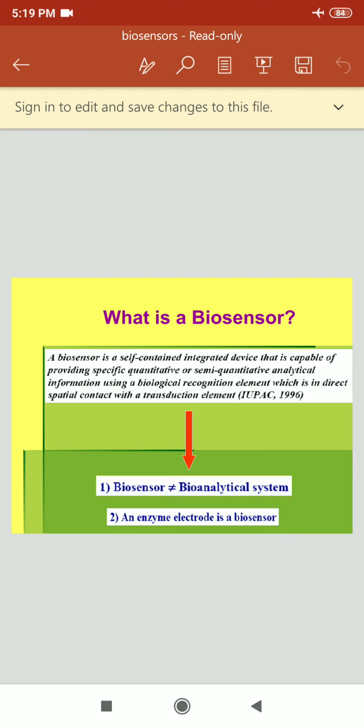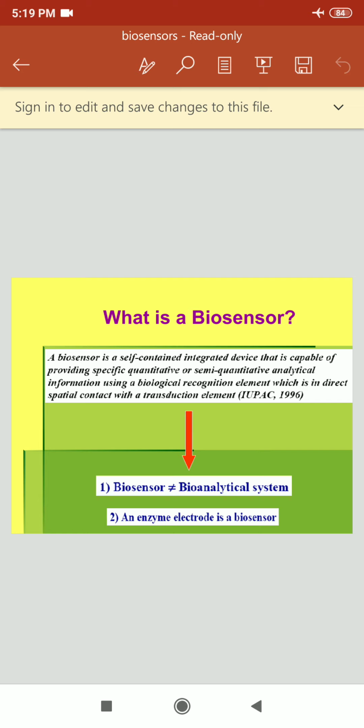Biosensor. A biosensor is a self-contained integrated device that is capable of providing specific quantitative or semi-quantitative analytical information using a biological recognition element which is in direct spatial contact with a transduction element, according to IUPAC 1996.